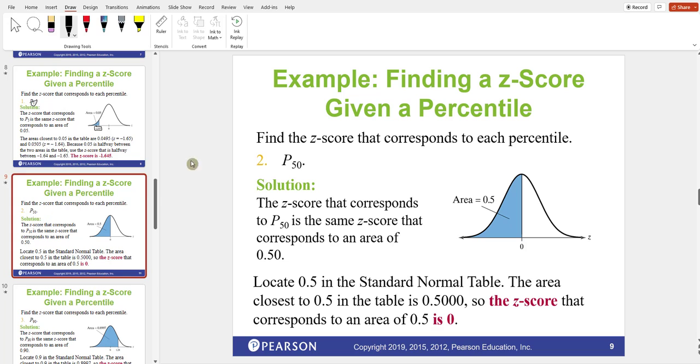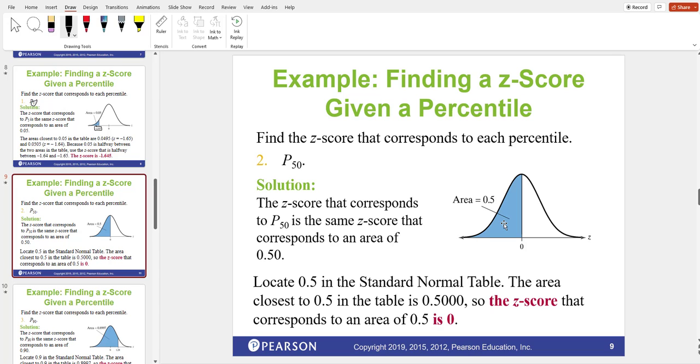Okay. Let's do percentile 50. So this time we want the area to the left to be 0.5. Okay, so you really don't have to use the calculator for this, but I'll show you how to do it. You just have to think logically. The graph of a normal curve, the area underneath is 1. So if you split it in half, one side is 0.5, the other side is 0.5.